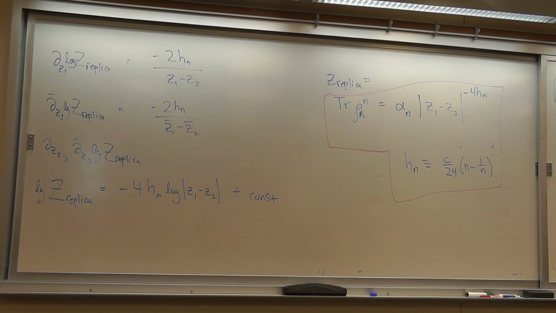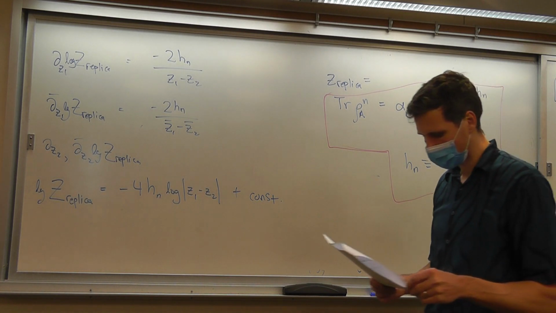You said before that there would be some sensitivity to UV divergences. Where was that? It's coming, but it's in alpha n.